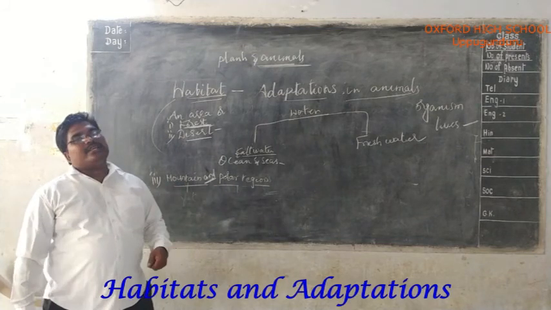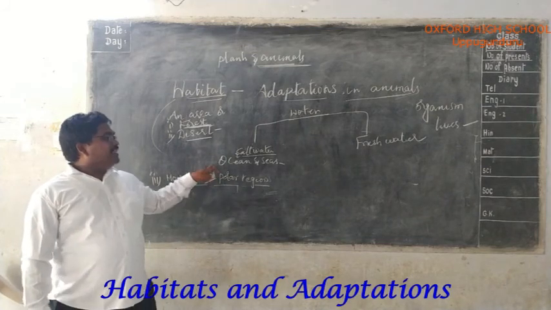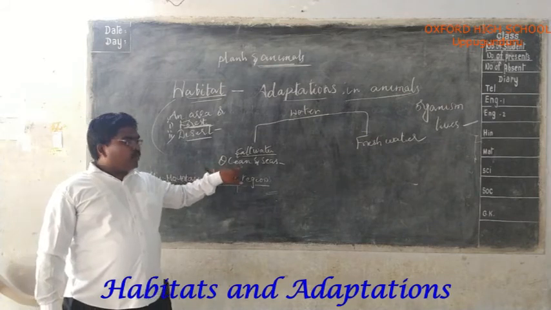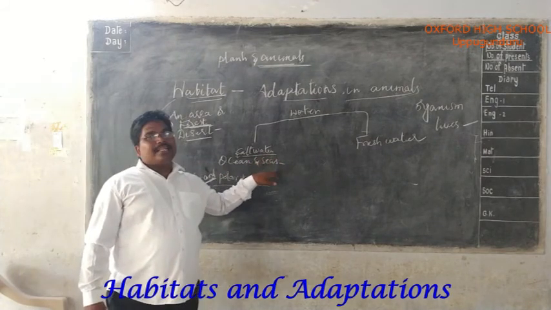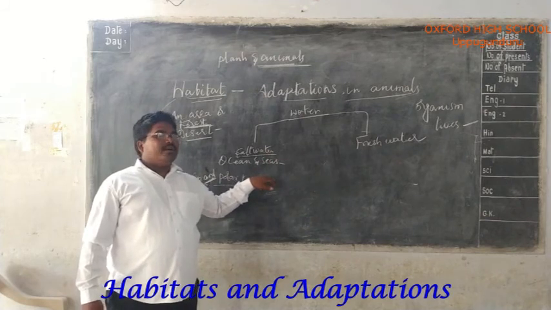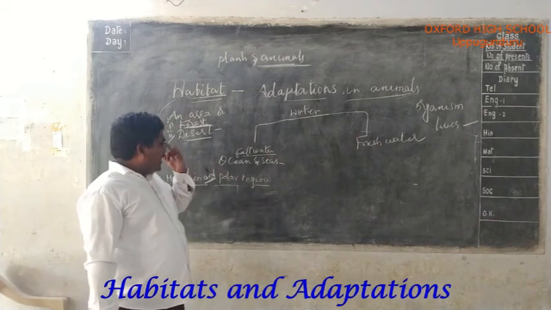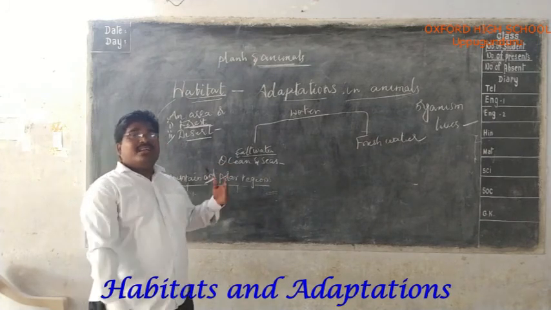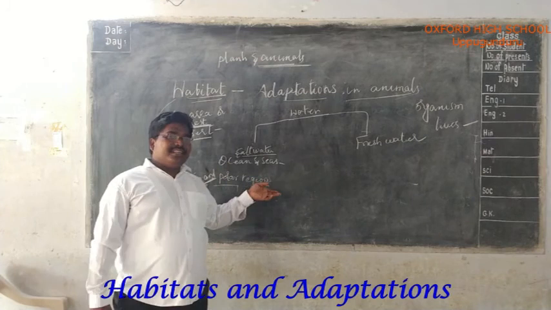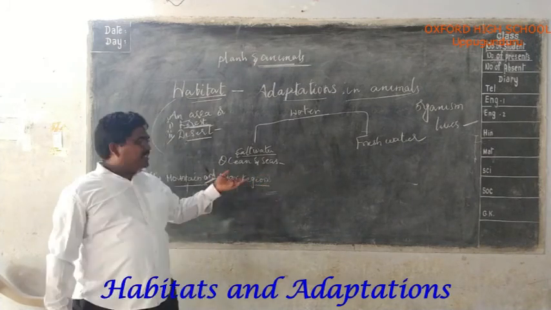Once again, ocean and seas are the largest salt water habitats, and they contain a wide variety of organisms like crabs, fishes, seals, whales, octopus and jellyfishes.